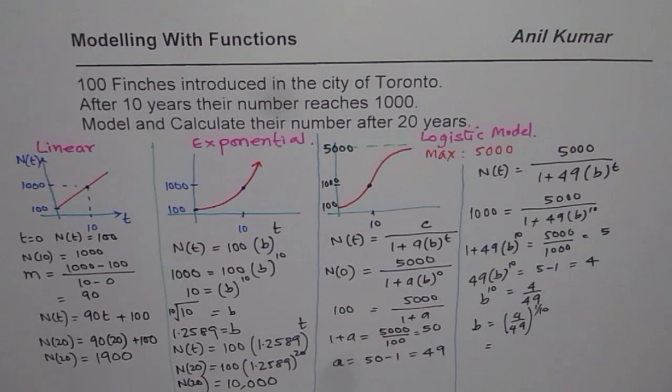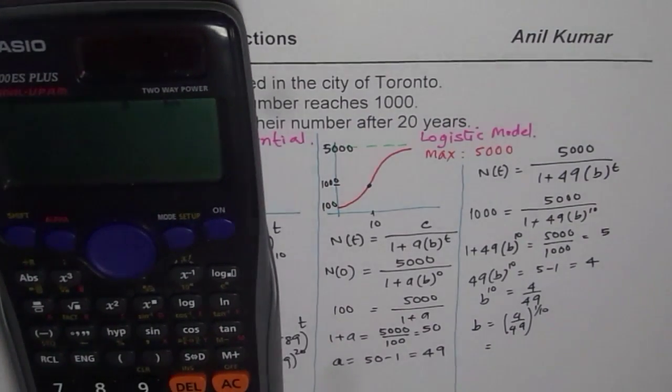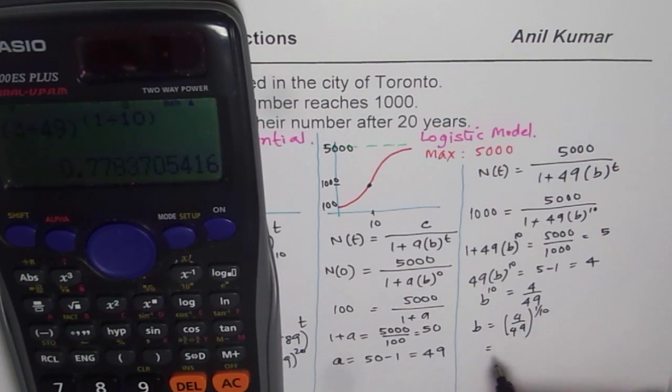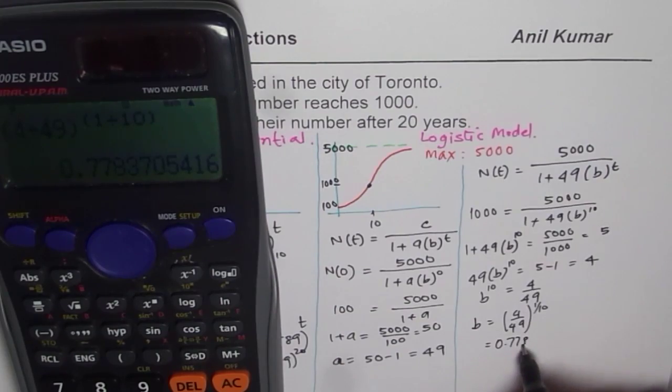Let's calculate. So we have within brackets 4 divided by 49, bracket close, to the power, within brackets, 1 divided by 10, bracket close, equals. So we get 0.7783.